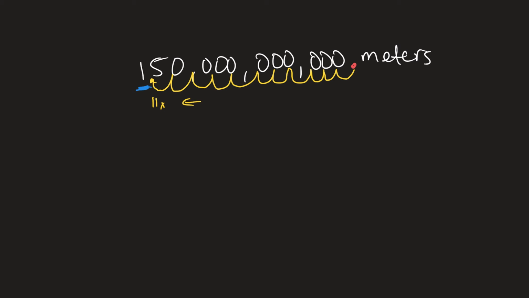Okay, so when I rewrite this number, I'm going to write 1.50 times 10. So you always write times 10. Now we moved it 11 times. But which direction you moved it depends on what the sign of the exponent is. When you're converting from standard number notation to scientific notation, when you move the decimal to the left, the exponent will be positive.